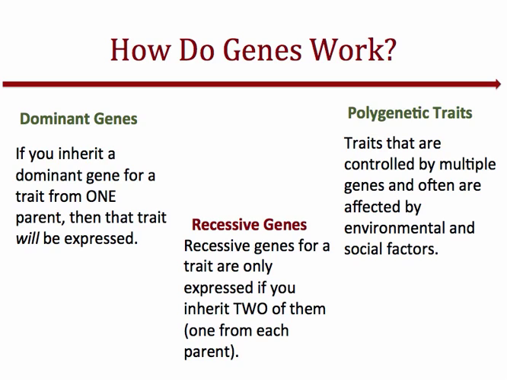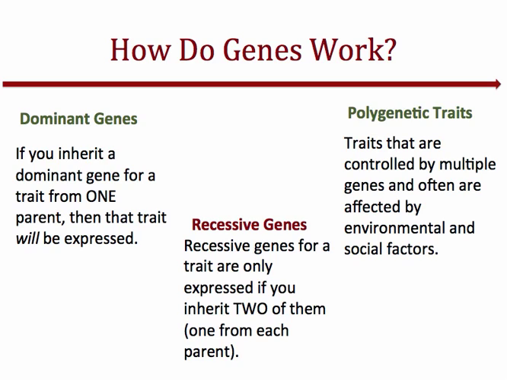It's considered dominant if you inherit it from a parent and it will be expressed, regardless of which copy of a gene is received from the other parent. Recessive genes, on the other hand, are only expressed if you inherit two of the same genes, one from each parent, obviously.